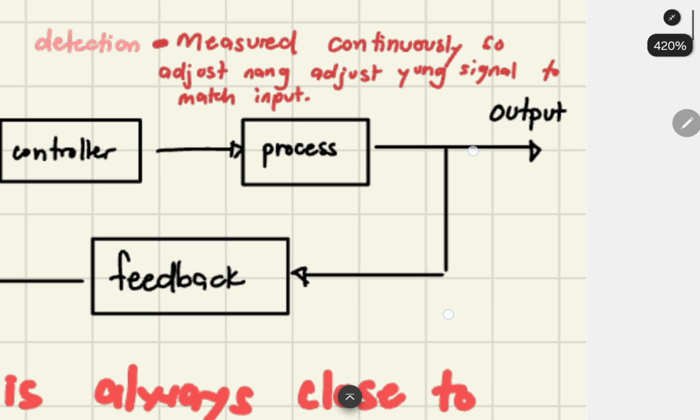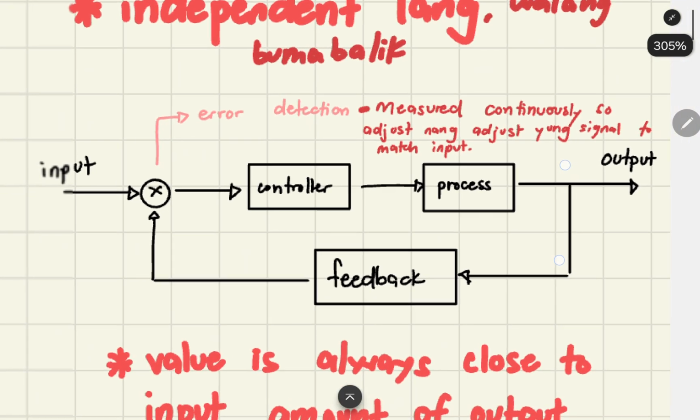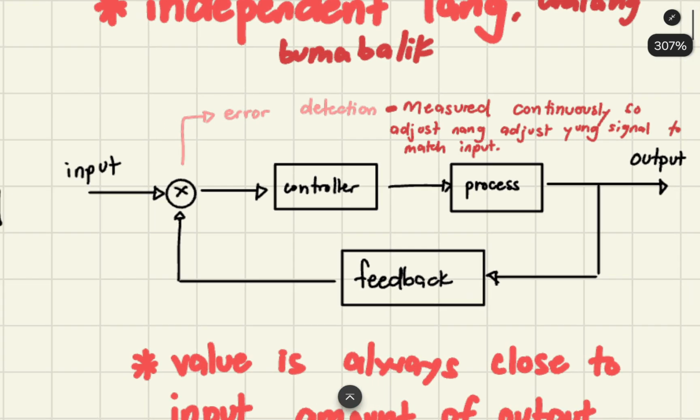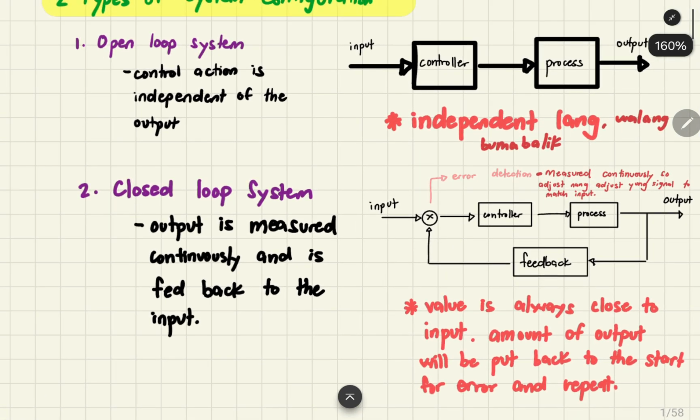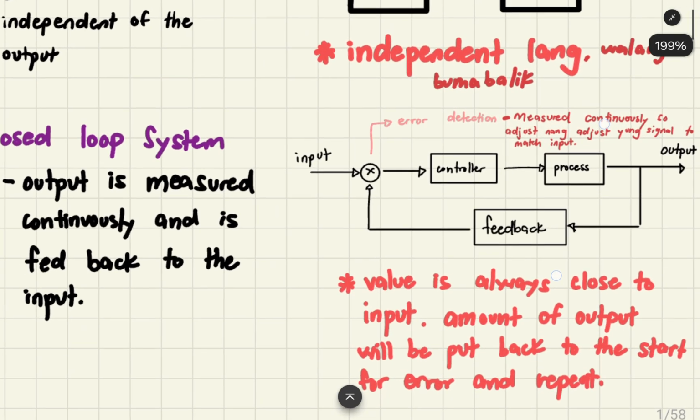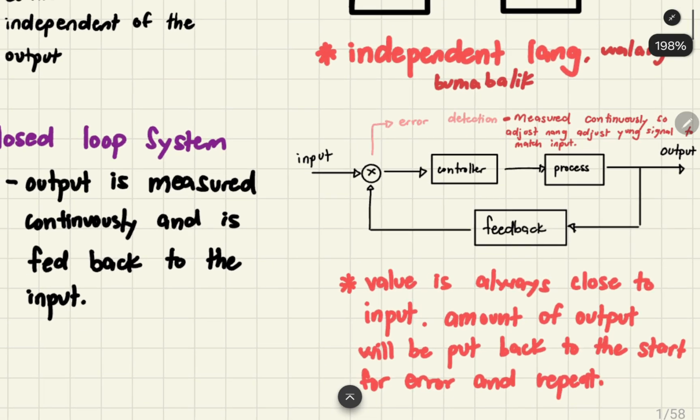But you should remember that no matter how the output or the actual response will be fed back to this error detection, it will never reach up to 5 volts because in real life there were losses, right? 100% efficiency can never be achieved in real life.